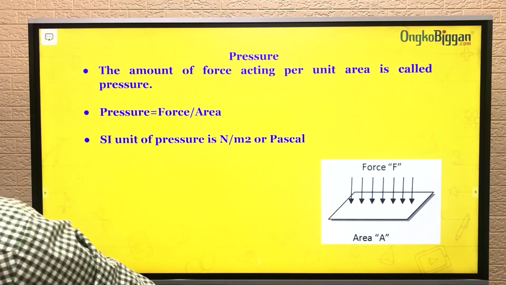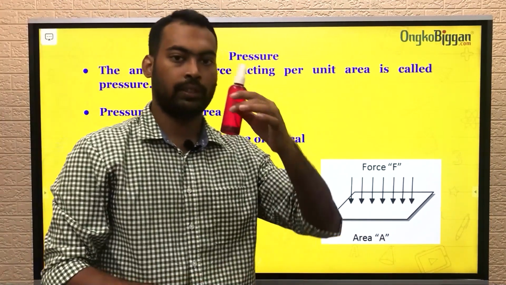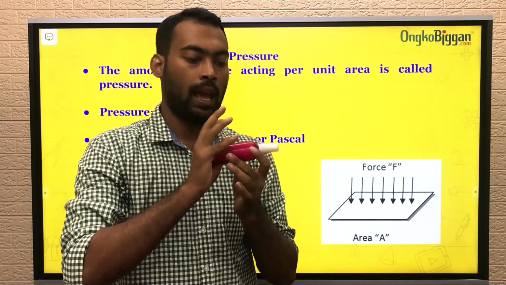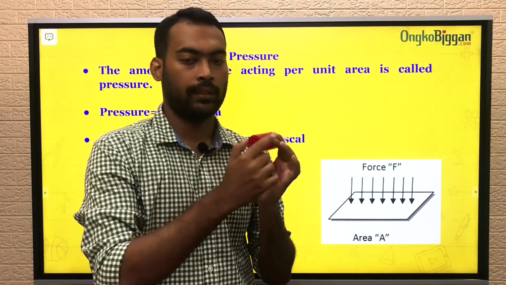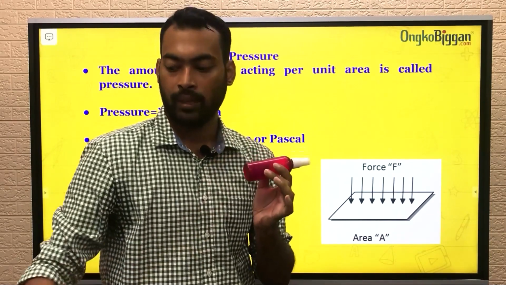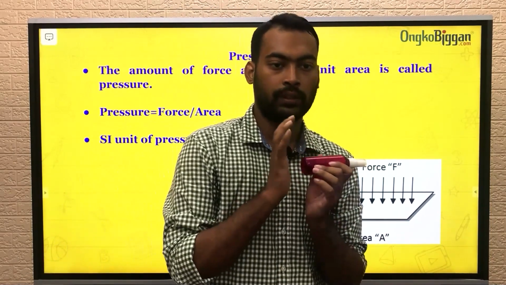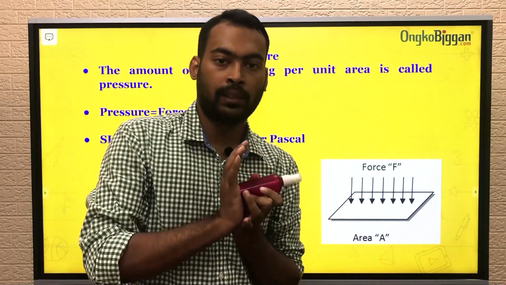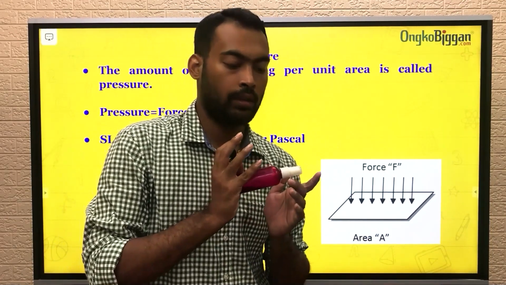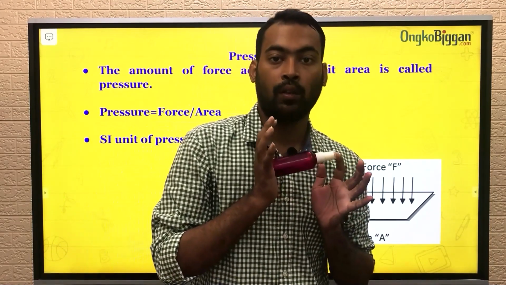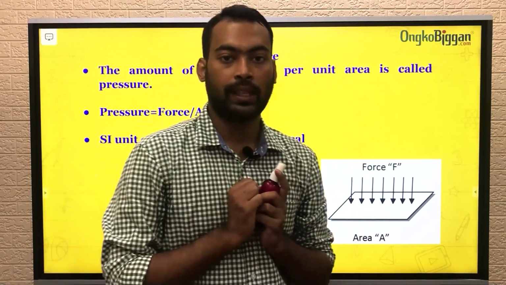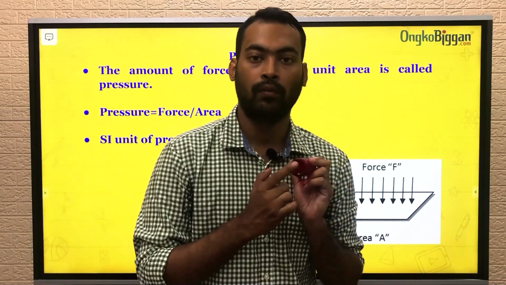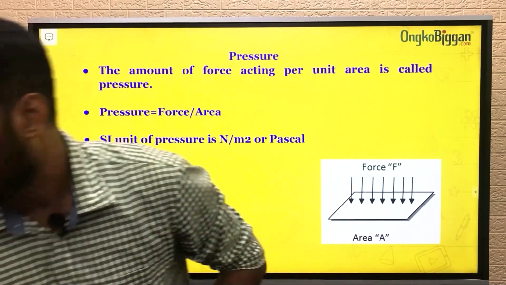Now, if I do a similar thing on this object, if I give 3 Newton of force on this surface, the surface area of this is not the same as the book. The surface area of this is much less. So even if I apply 3 Newton force, the pressure on it will not be similar to the pressure I gave on the book, because the surface area of this object is different.